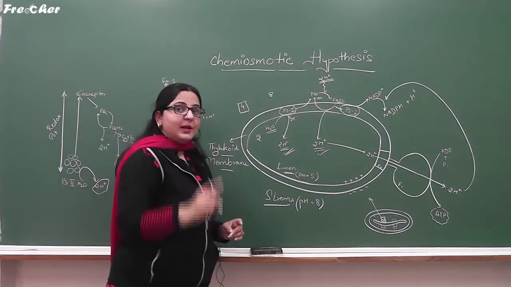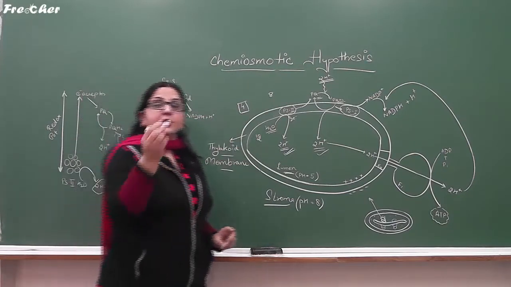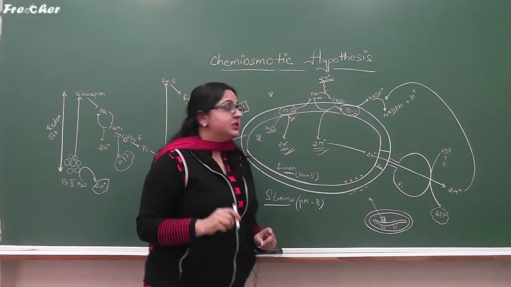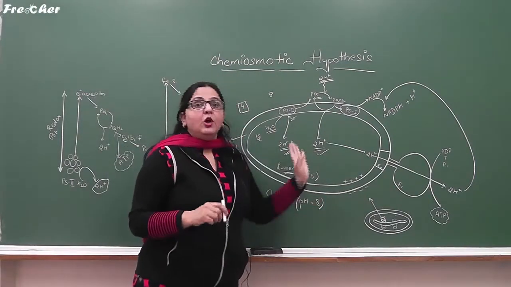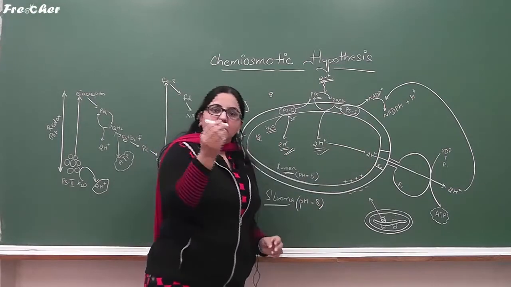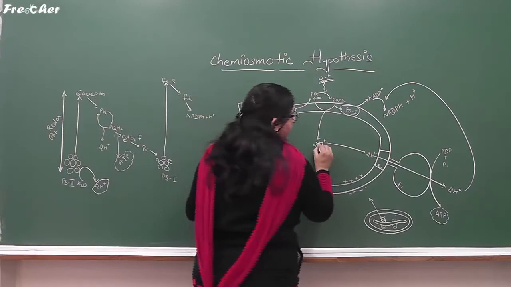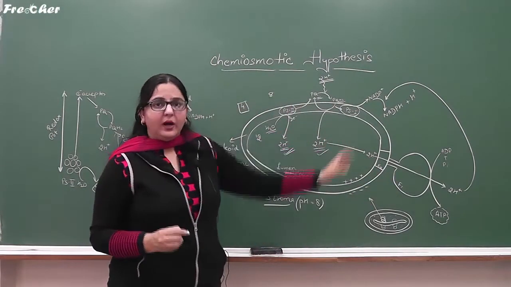Only 2 protons are moving, but the gradient develops, that is 4. That means due to this gradient, the tendency of equalizing is generated. These 2 protons are going outside to the stroma.